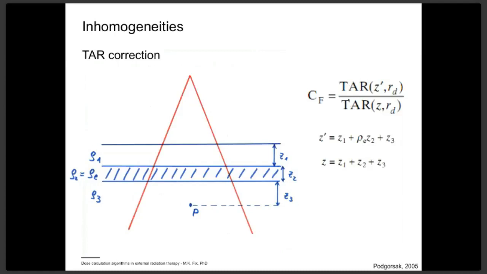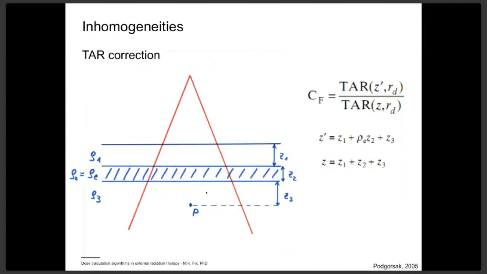It's the ratio of the tissue air ratio by different depths. The one is taken into account similar to the path length correction, but this time with the electron density. And this is the original depth, so it corrects the attenuation properly, and it's not dependent on the source to surface distance in this respect.